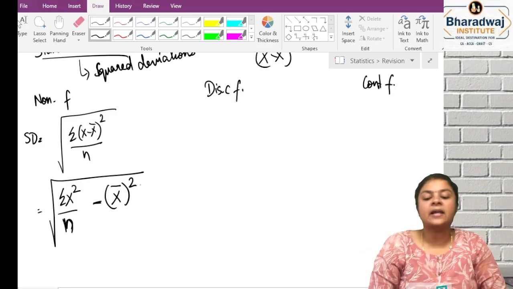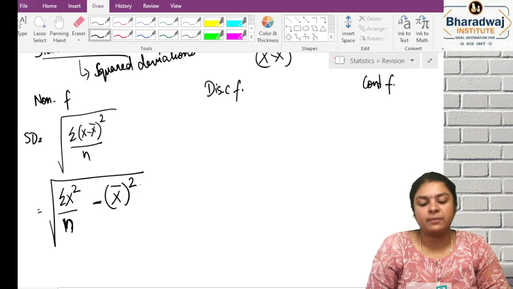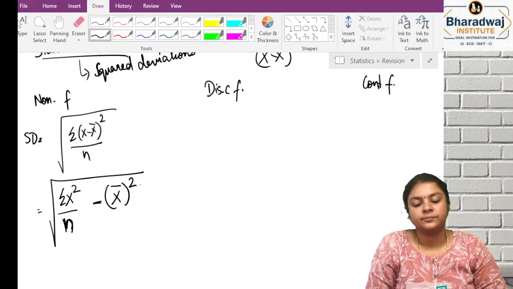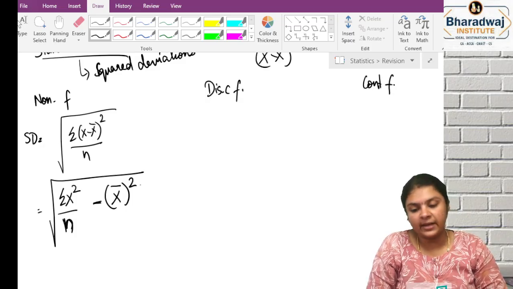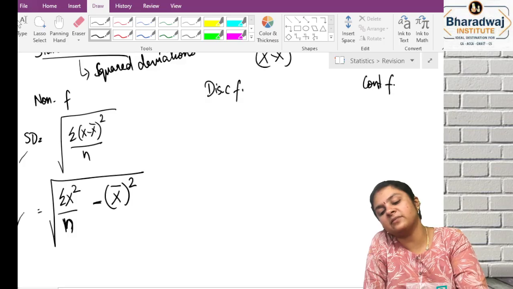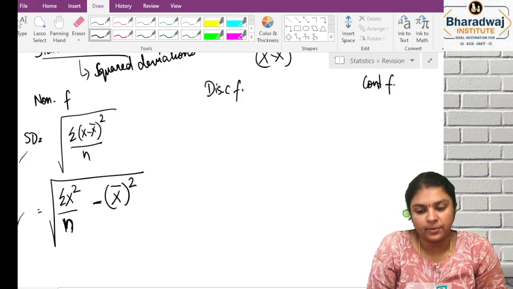What is x bar? X bar is nothing but the arithmetic mean. Depending on what information is available in the question, you can use either the first formula or the second formula.